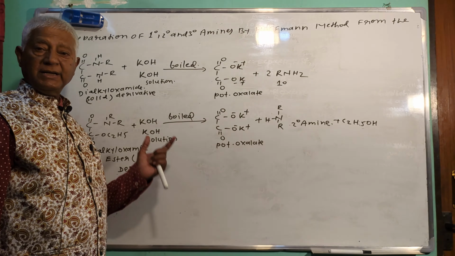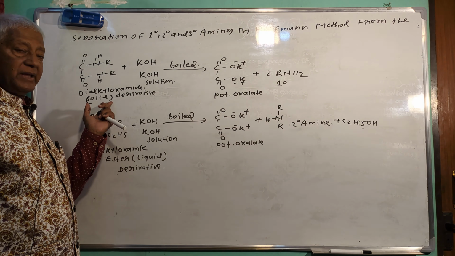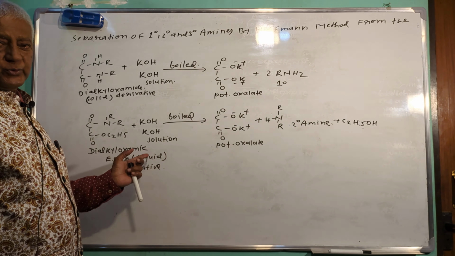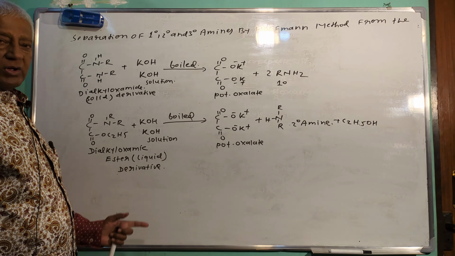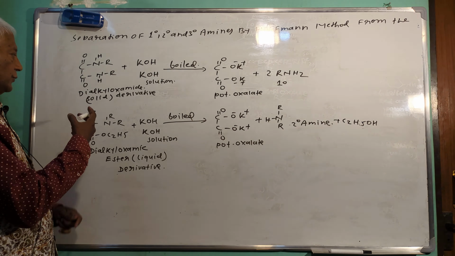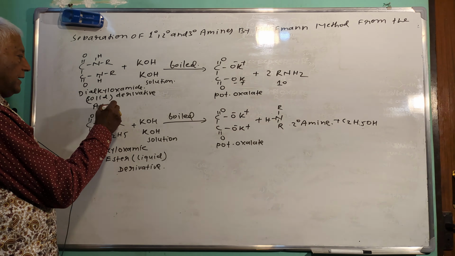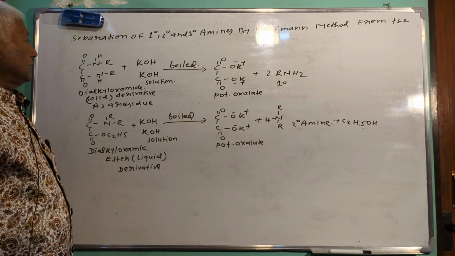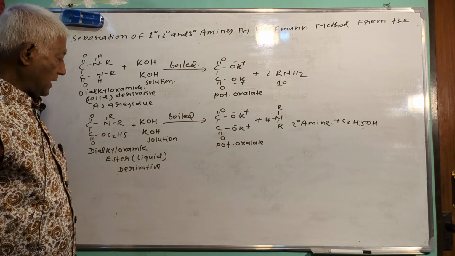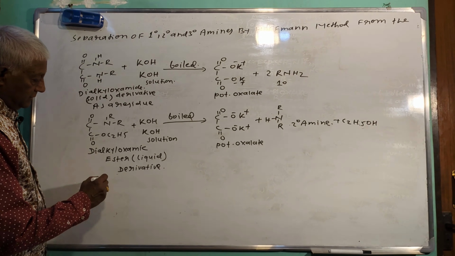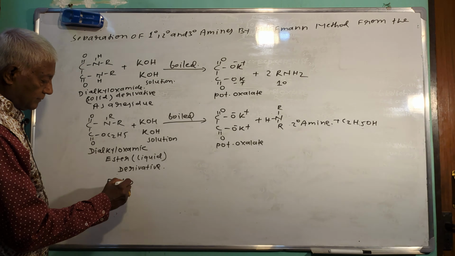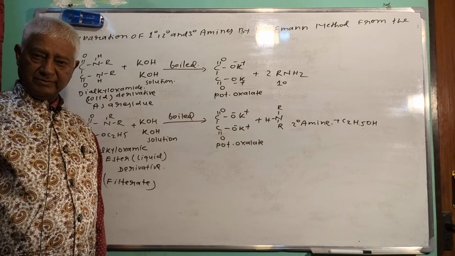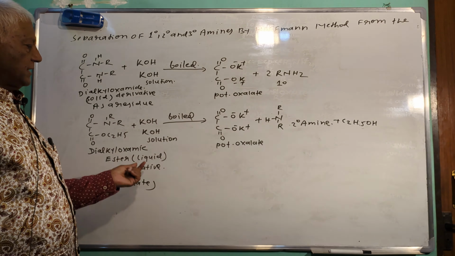The remaining are the solid derivative of primary amine and the liquid derivative of secondary amine. So we do filtration. After filtration, as a residue we get dialkyl oxamide, and as a filtrate we get dialkyl oxamic ester. That is the solid portion, that is the liquid portion.